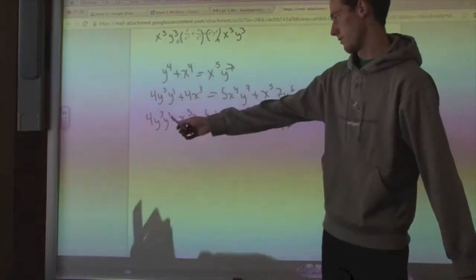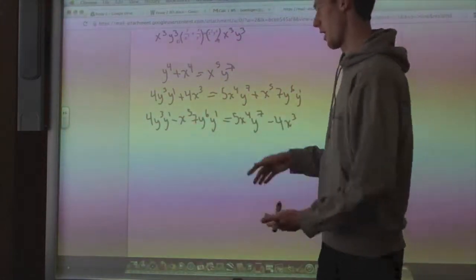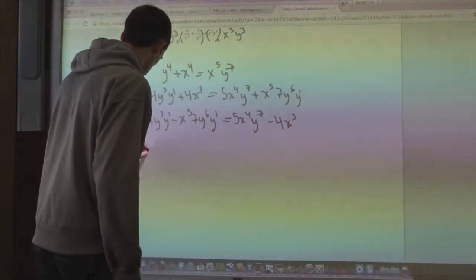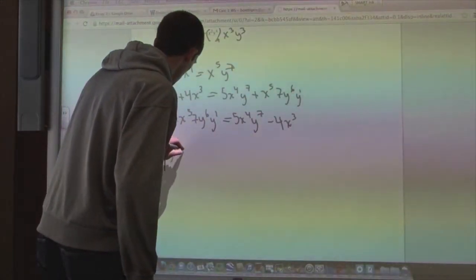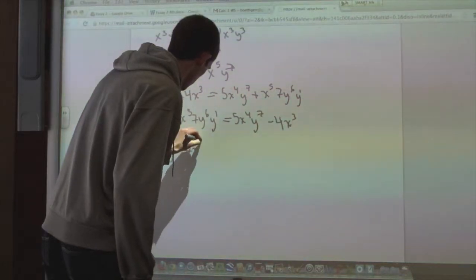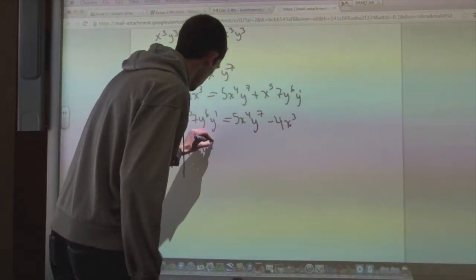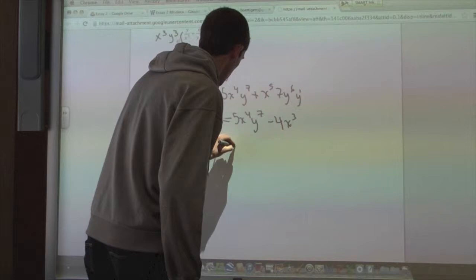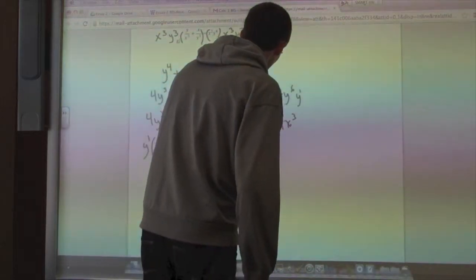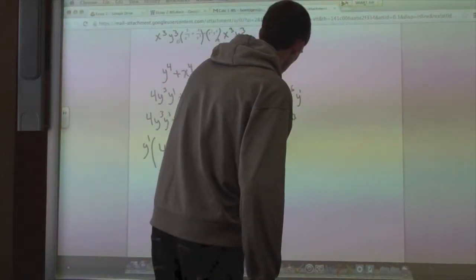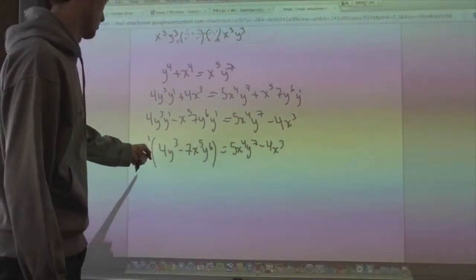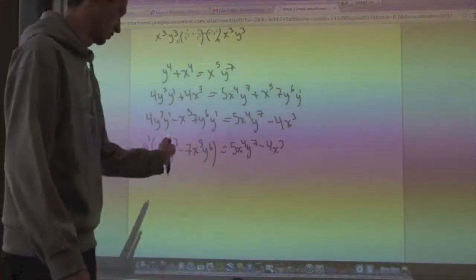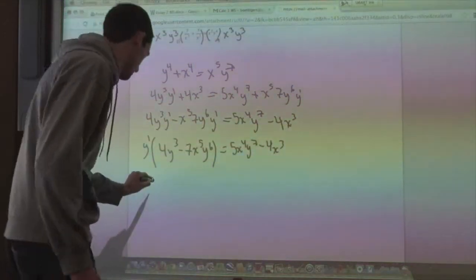Okay, again we see we've got two terms, each being multiplied by a y prime, so I can factor that out. A y prime, 4y cubed, minus 7x to the fifth, y to the sixth, and that's equal to 5x to the fourth, y to the seventh, minus 4x cubed. Got just the y prime over here multiplied by this stuff, so we can just divide that over, get y prime by itself.